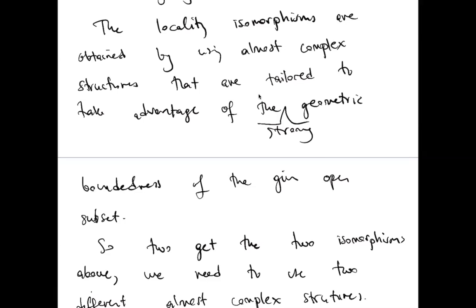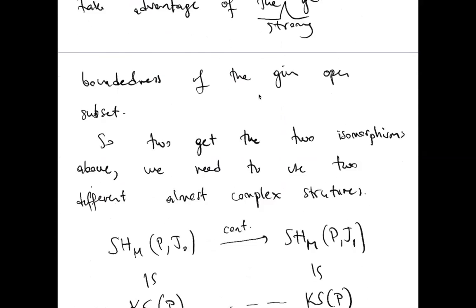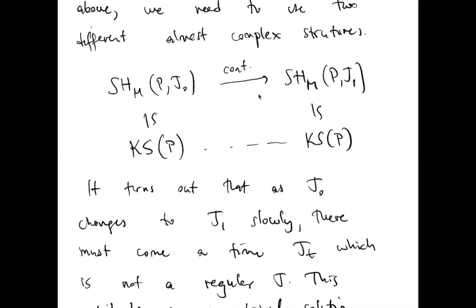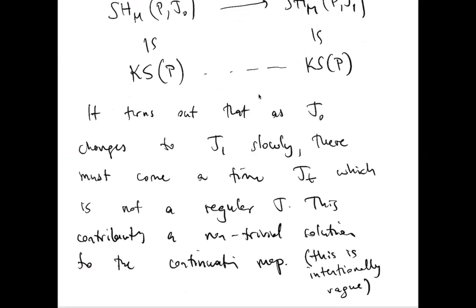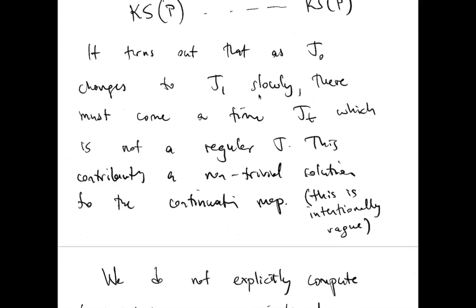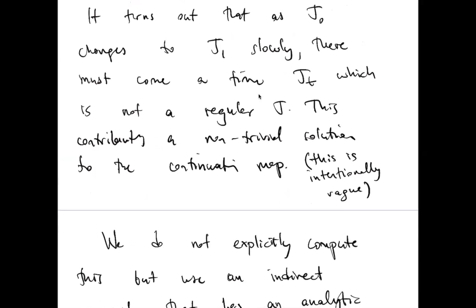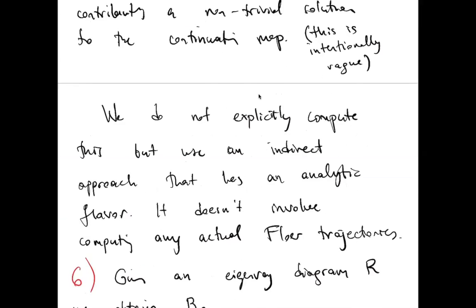The differential, you're normally supposed to count index 1 things, but here you will have to count some index minus 1 things as well, because you're considering a family. So index, depending on whether you mod out or not. Okay, so one less dimension than what you would normally consider. And that irregular J will make this map non-trivial. So this is pretty hard to compute.